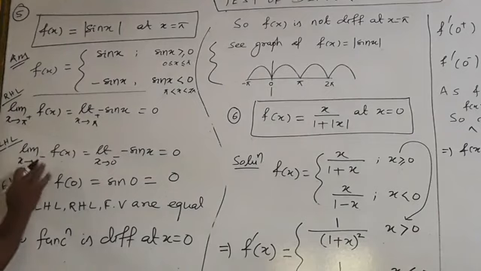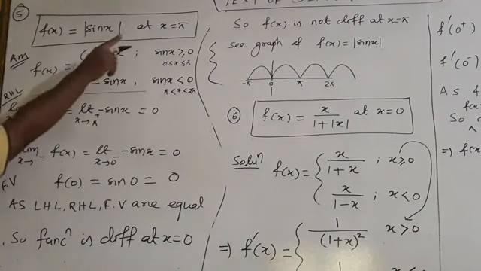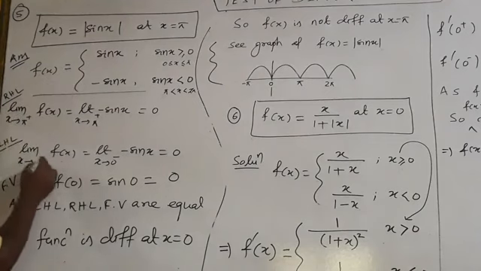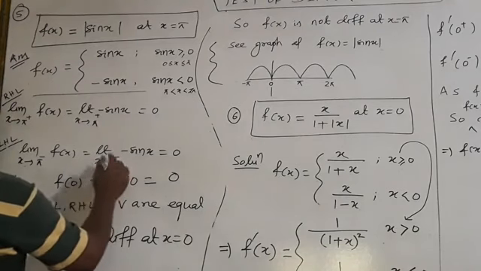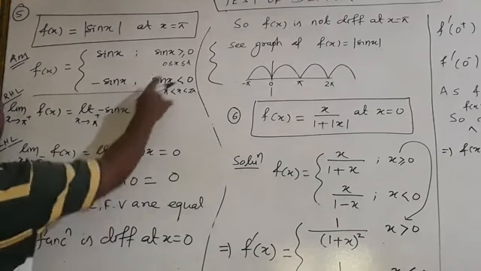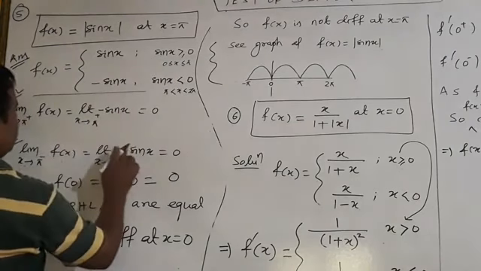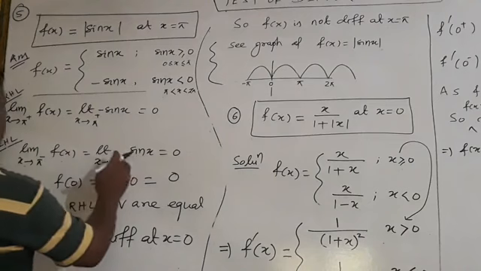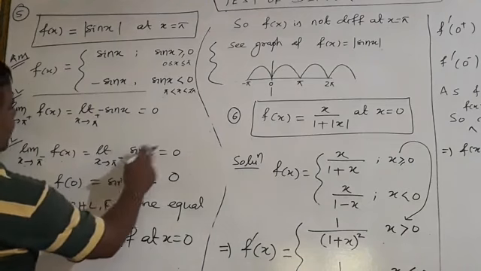For the left hand limit, at the point x is equal to pi, I am taking pi minus. When x is less than pi, f(x) is sin x. And also we know the value of sin pi is 0.